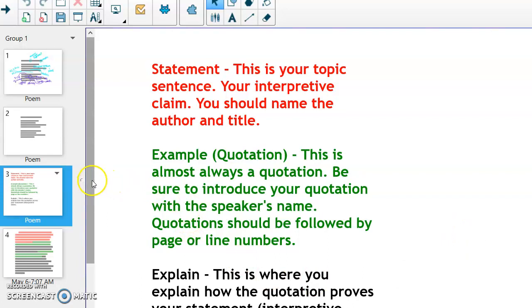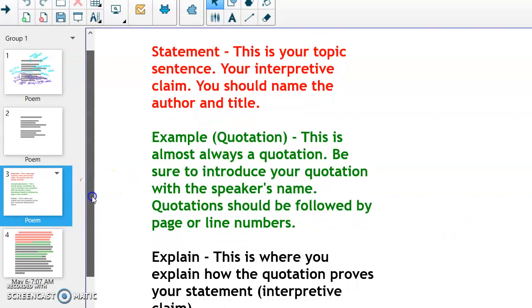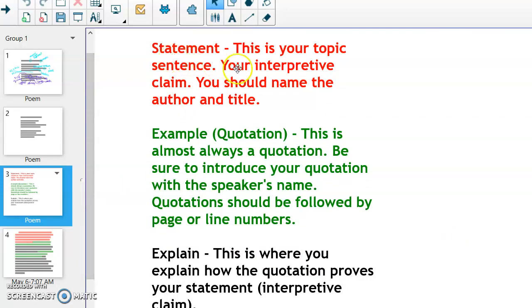Before we jump into that, I just want to review the C model. We open up with a statement, and this is your topic sentence, your interpretive claim. This is where you name the author and the title. It's not okay to just say the figurative language helps paint a picture in our mind. That's a no-brainer. It does that in any poem it is included in.